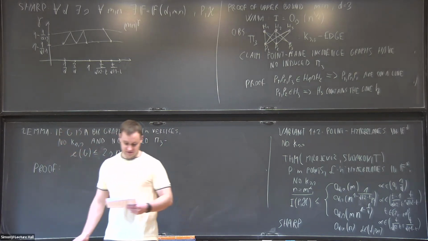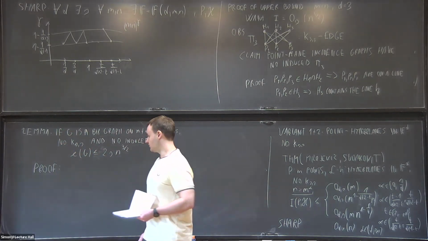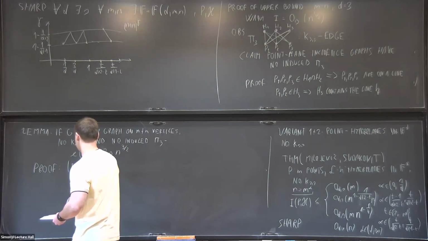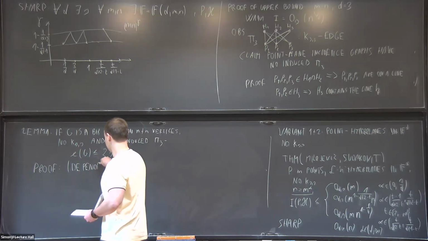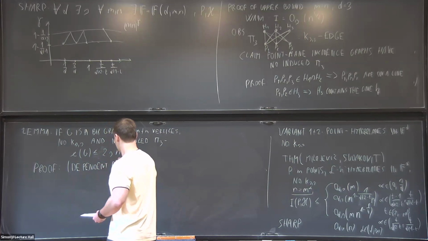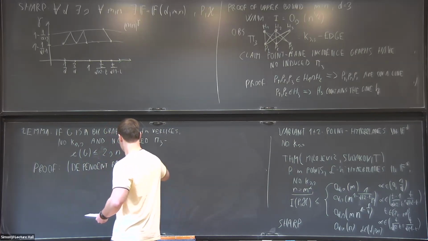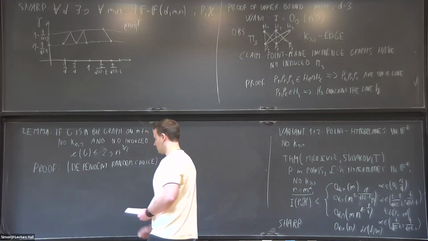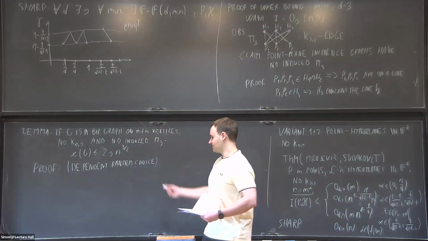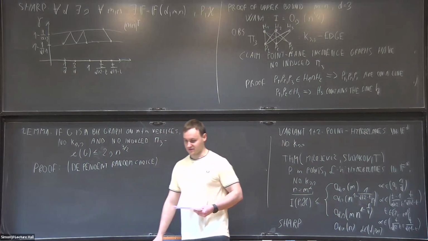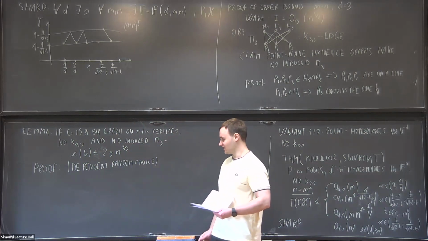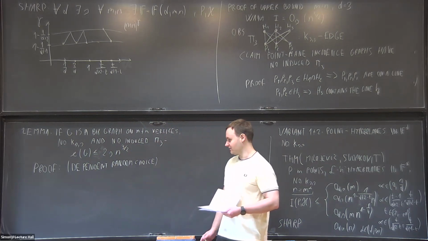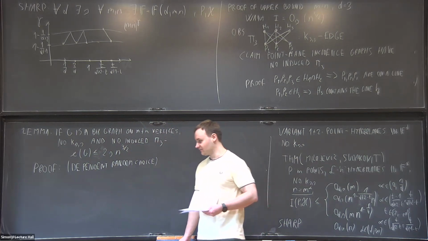So let's prove this. The idea of the proof is based on the so-called dependent random choice method. To give some credit, this is a method that was pioneered in the early 2000s by a number of authors like Michael Krivelovich, Benny Sudakov, Jacob Fox.